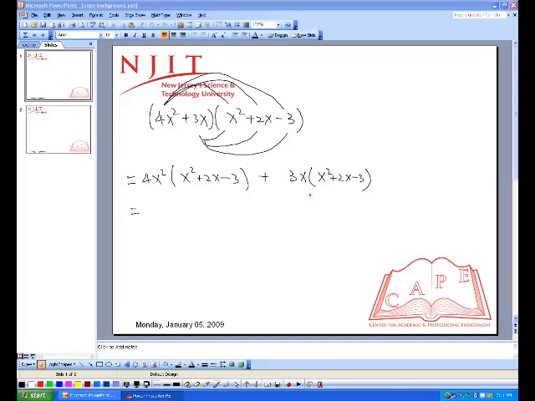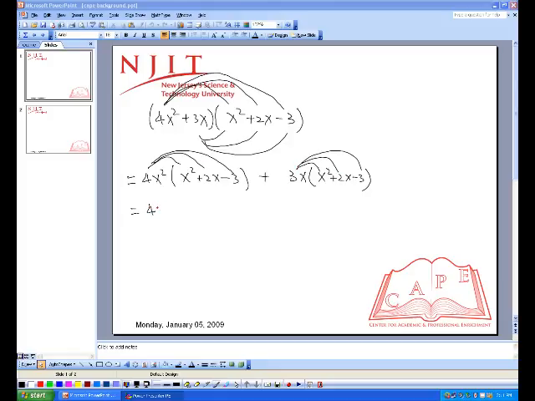Okay. So now when you do this, this is just similar to the problems we just did, except that now it's two of those problems. So you do the same thing I taught you earlier, and write all the terms out.